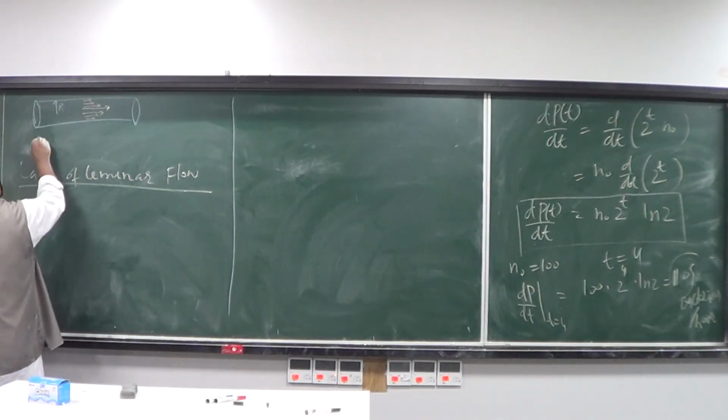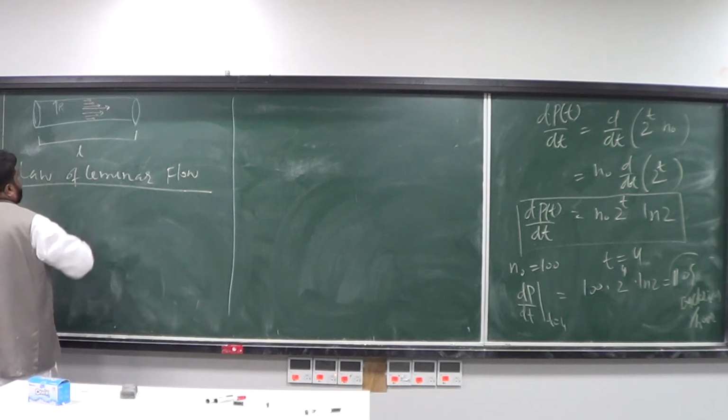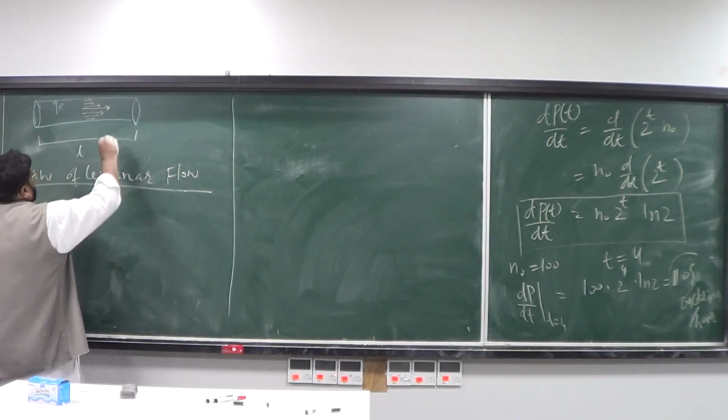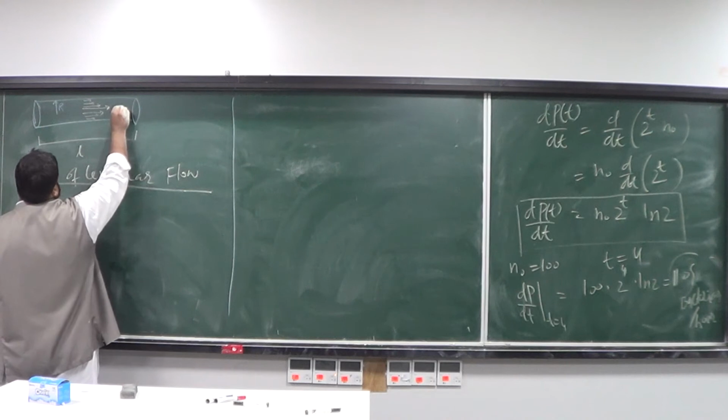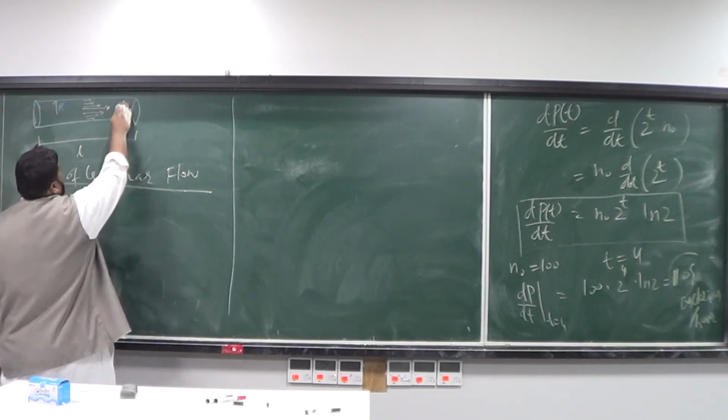Let's add some more things. Let's imagine that the length of this vessel is L. And let's assume that this distance from the middle is r. So r could be any distance.